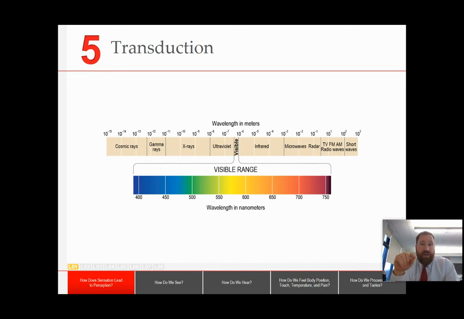We've already talked about how there are red cones and blue cones and green cones, and that represents our visible range of electromagnetic energy. So we're not able to see infrared or ultraviolet because that's just not our biology, right? That's just a part of the electromagnetic spectrum that we will never be able to see.